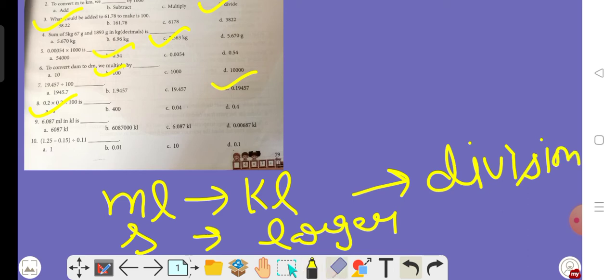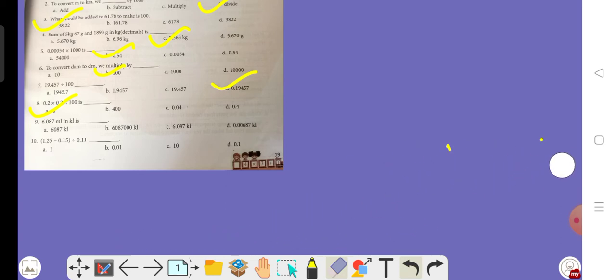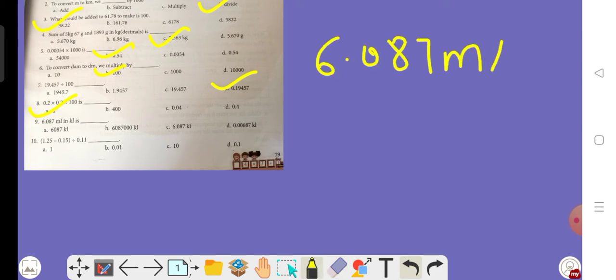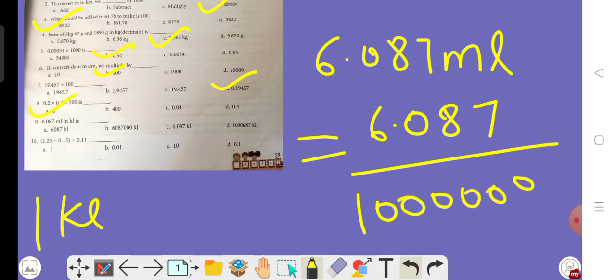So 6.087 milliliter into kiloliter is equal to 6.087 by 10 lakh, because 1 kiloliter is equal to 10 lakh milliliter.